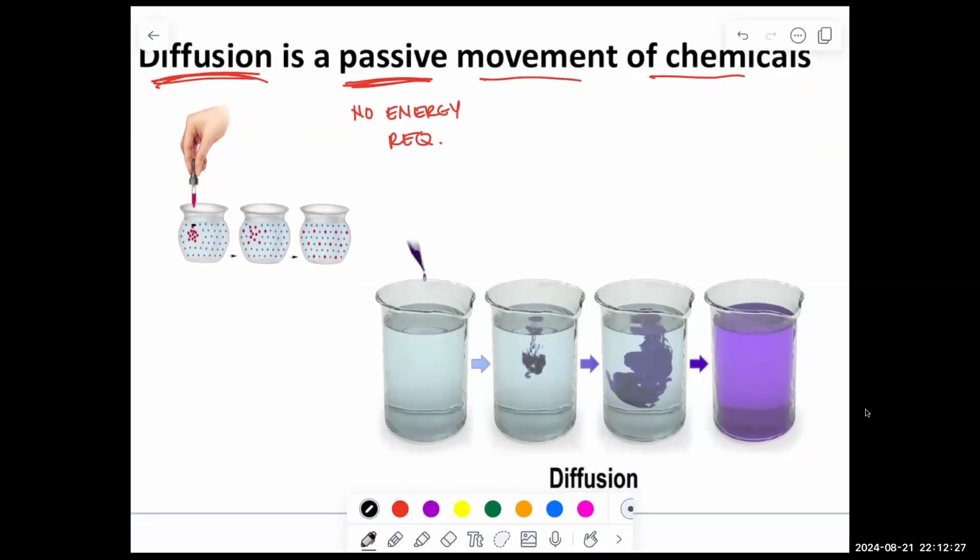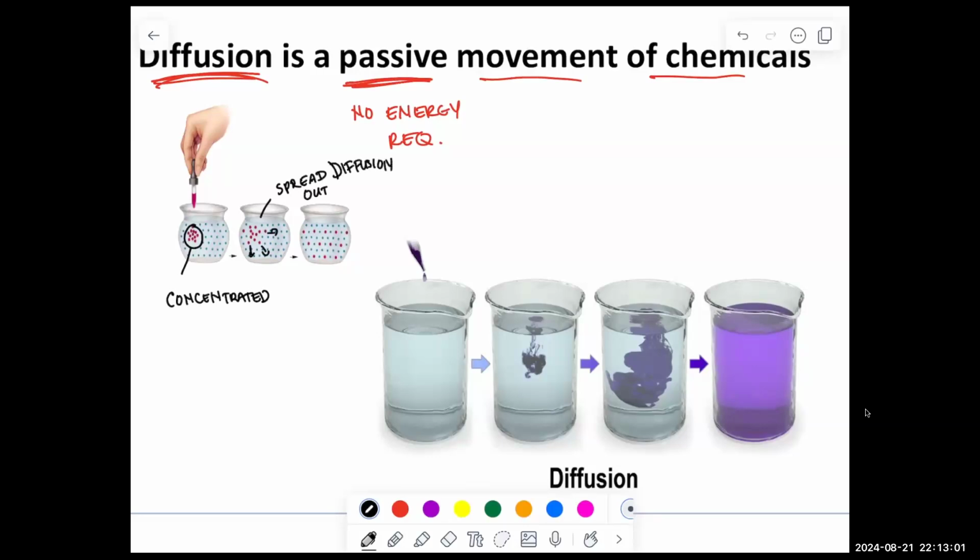So when you put a drop of dye, that is where they are very concentrated. What molecules want to do is create as much space between themselves and other things as possible. So what happens is that dye over time will spread out. And this is diffusion.